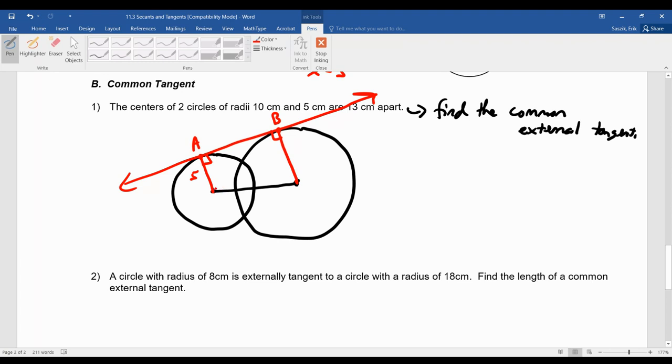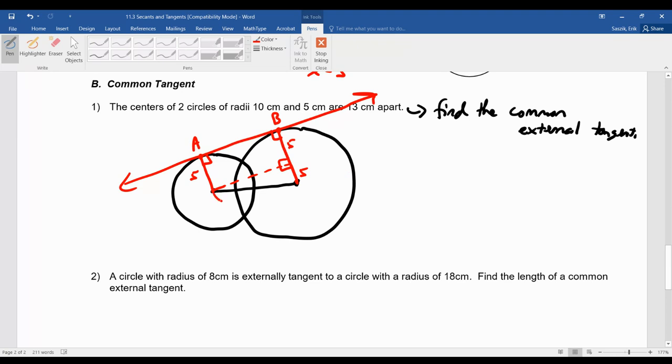You are going to drop in an altitude across this figure, therefore creating a rectangle and a right triangle. Now, this is not drawn to scale by any means, because look what happens now. If this is 5 and we created a rectangle, this is 5 as well, because you're given that this whole radius is 10, that must be 5.